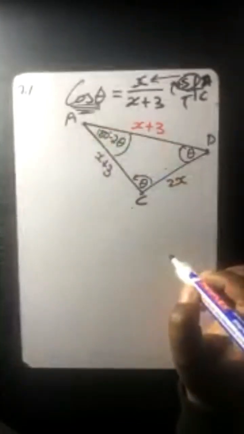So maybe someone might be saying, how can we use the cosine rule to work it out? Because it can also apply. Let's maybe try to work it out and see how far we can go with that. Obviously, you know, you need a side and an included angle.